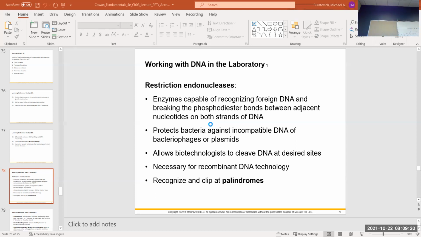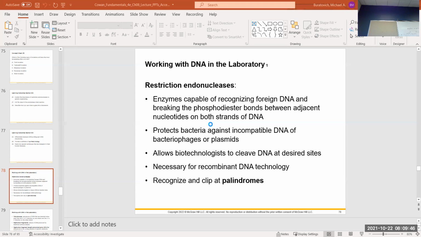This illustrates in pictorial fashion the use of restriction endonucleases to cut various types of DNA and then annealing it to plasmid DNA, putting this back in the bacterium and having the bacterium make lots of it. Here are some of the recognition motifs recognized by some of these different enzymes.